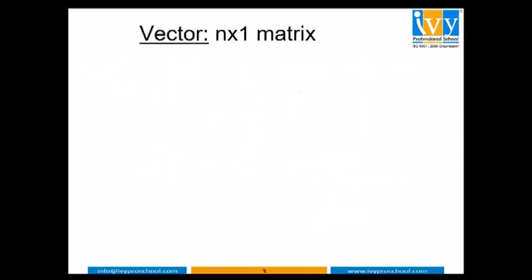So let me move on with the next concept, that is vectors. A vector is simply an n by 1 matrix. So if I take for example a vector A, it can be represented as something like this. So A in this case is a 3 cross 1 vector. Now, what is the use of vectors?